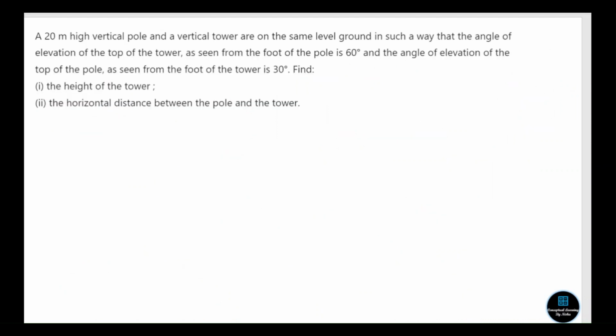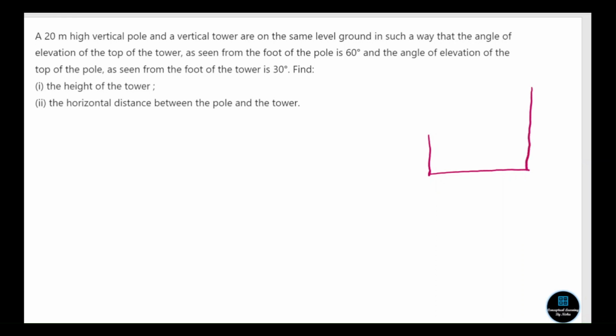Now this is an important question. So what I have given, a 20-meter high vertical pole and a vertical tower are on the same level on the ground. So let's make the ground first. Right? And now we have one pole and one tower. Correct? So let's say this is the pole and this is the tower.